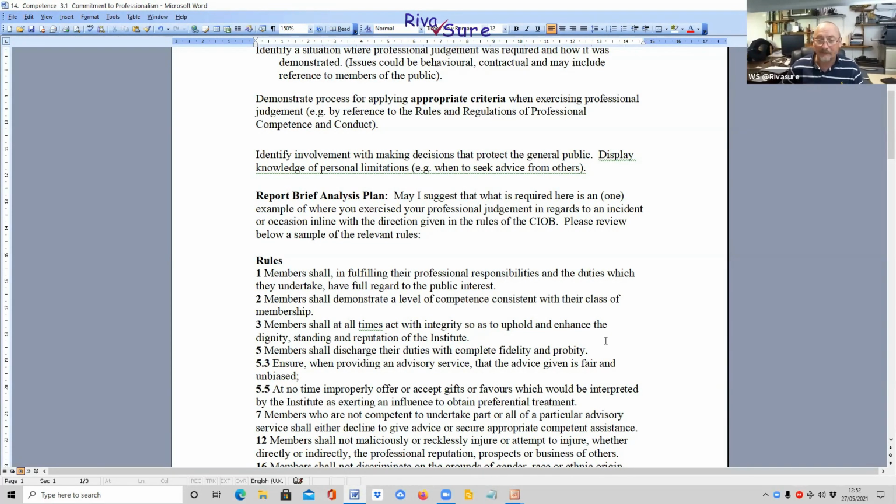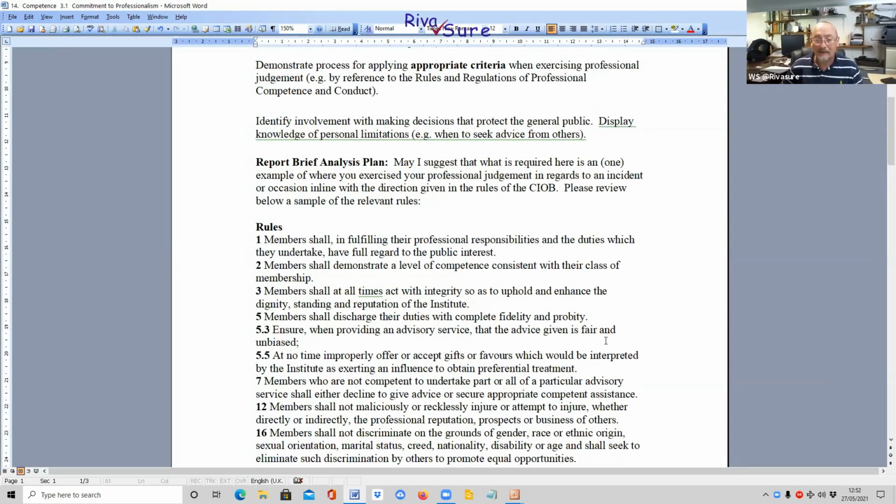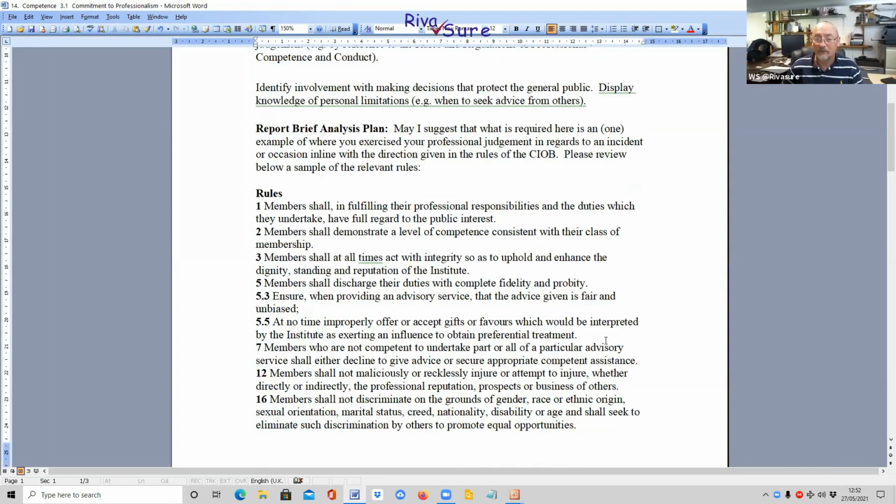There are other rules and members for membership, and please look at that. Members shall not maliciously or recklessly injure or attempt to injure, whether directly or indirectly, the professional reputation, prospects, or business of others. So there's an example. Did you go out of your way to protect the reputation of other stakeholders in the industry that you're working with?